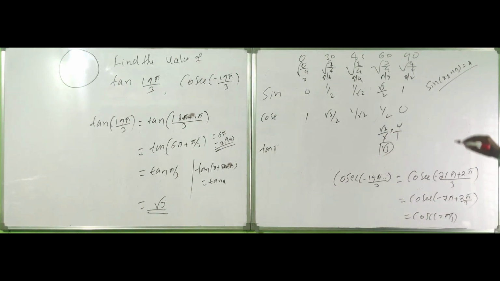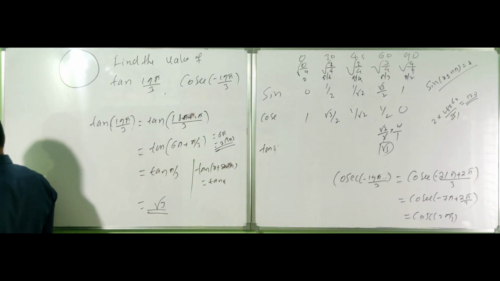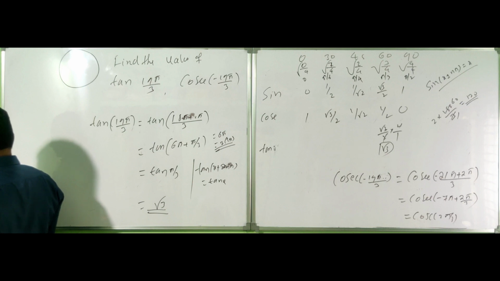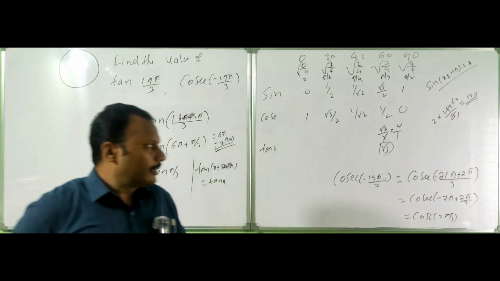What is the value of 2 pi by 3? 2 into 180 divided by 3, 3 ones are 3, 3 twos are 6. This is 120. What is the value of 120? That is the mistake I have done.